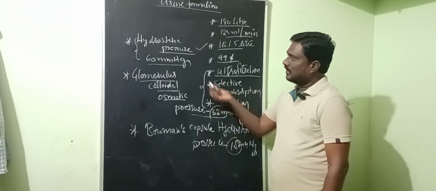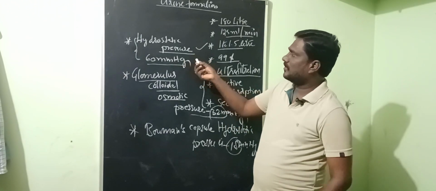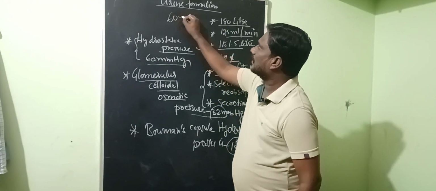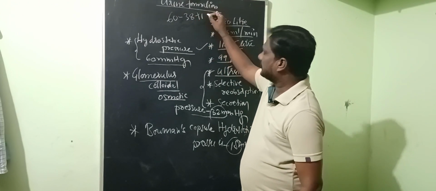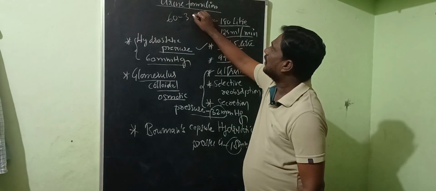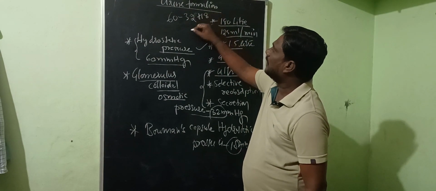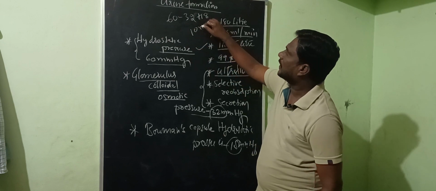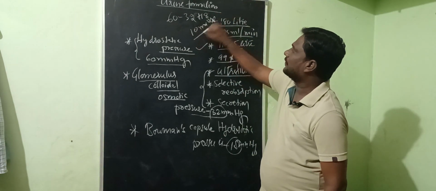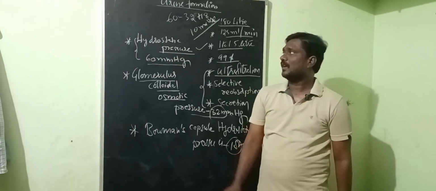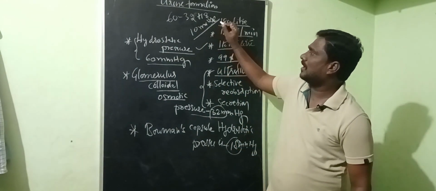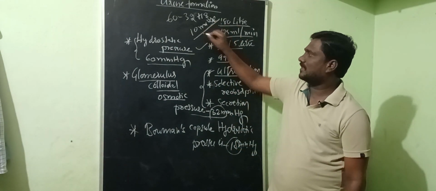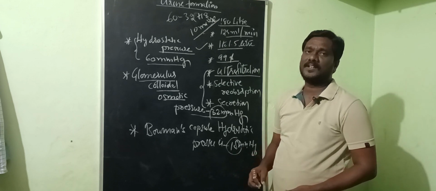These two oppose the hydrostatic pressure of blood: 32 plus 18. The net pressure in the glomerulus is 10 mmHg. This causes the blood to filter.